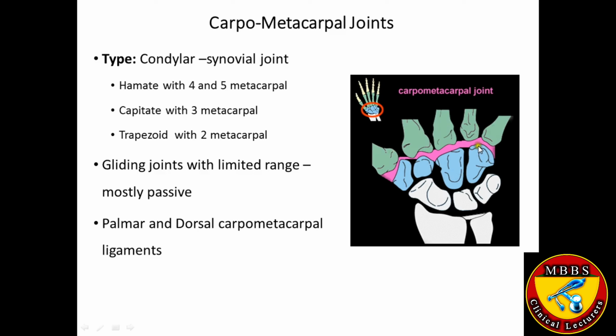Then the capitate with the 3rd metacarpal, this one, and the trapezoid with the 2nd metacarpal, and this is a gliding joint with limited range, mostly passive. Palmar and dorsal carpo-metacarpal ligaments give support to this joint.